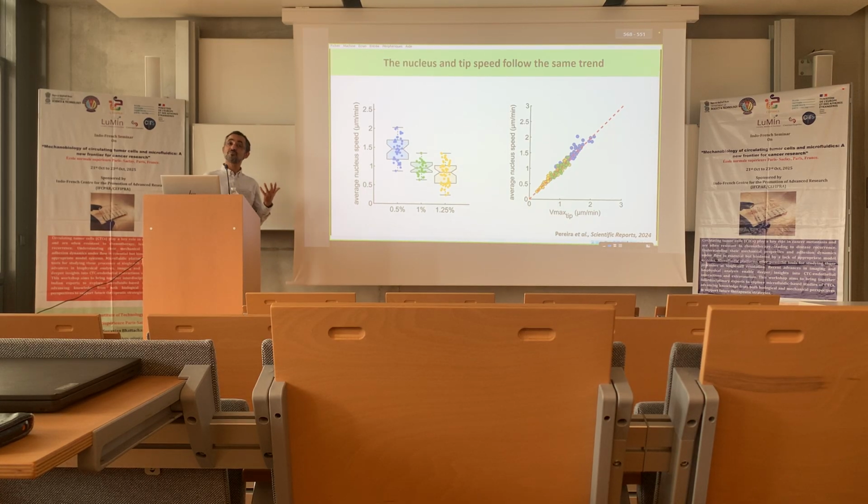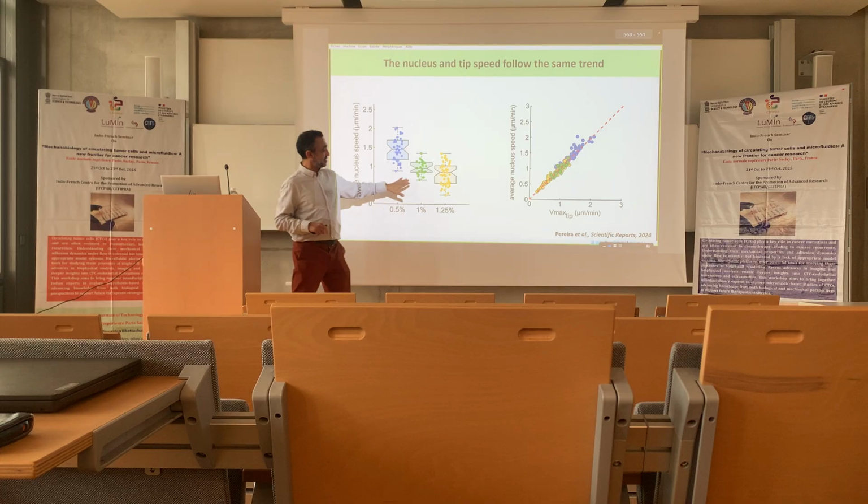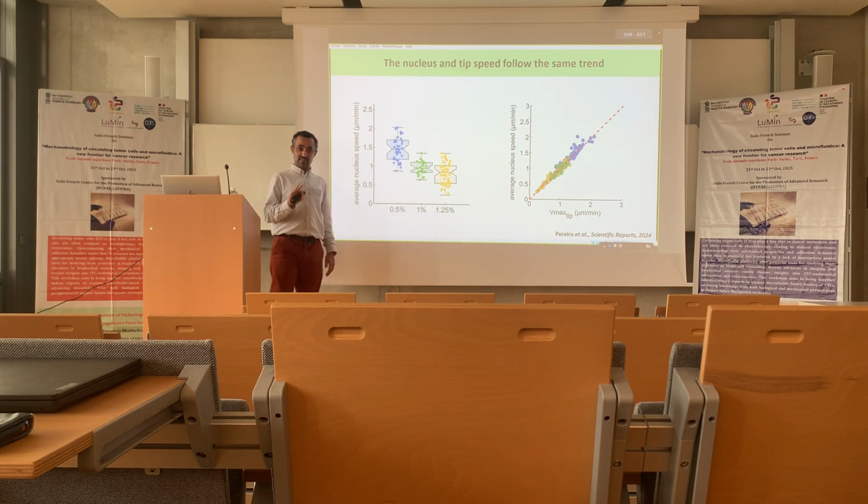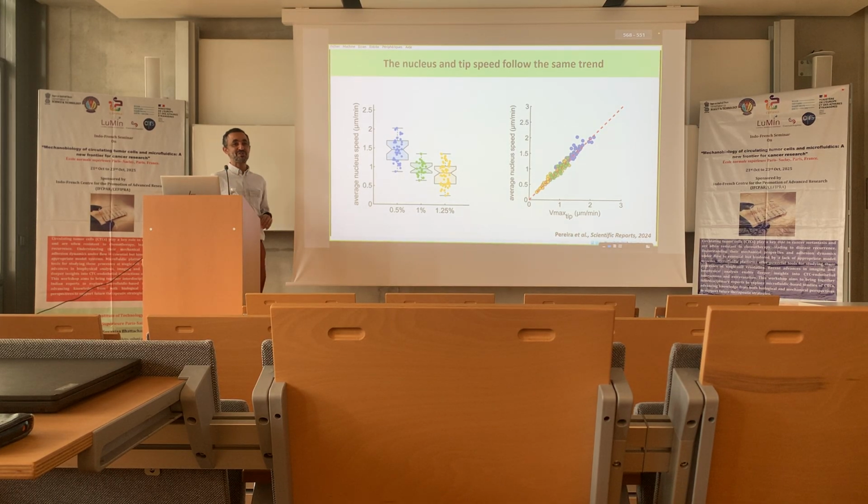This is something we were not expecting, because we have high pressure and many other factors, so how this distance is sensitive to the mechanical properties of the outside world is surprising. There is also a correlation between the speed at which you grow and the nucleus position, which we don't really understand yet. But at least we show that the nucleus is sensitive to the properties of the outside environment.